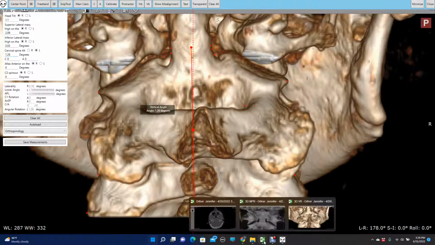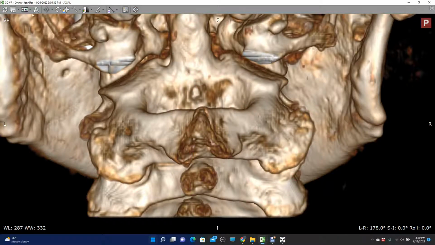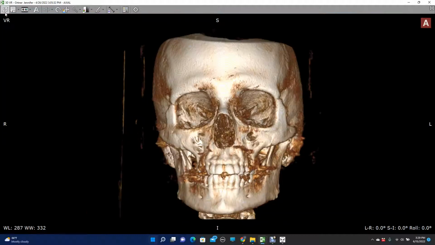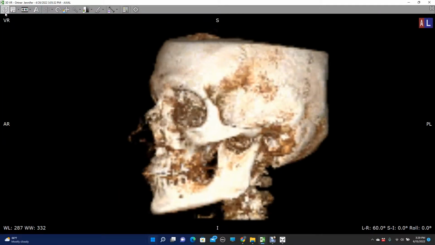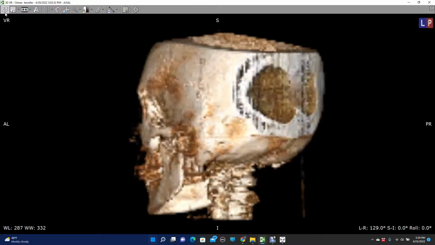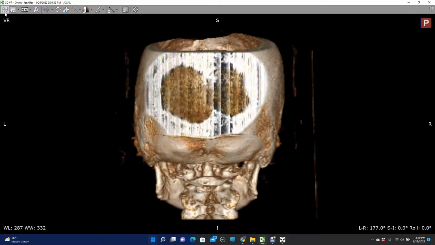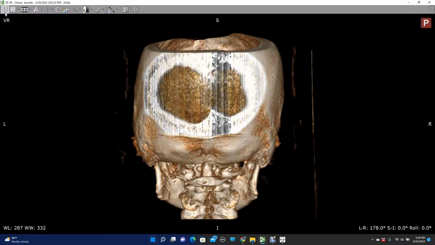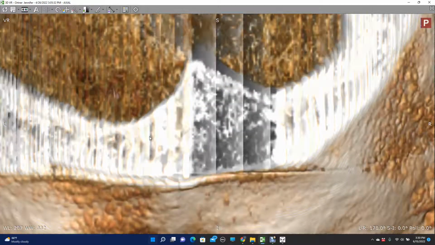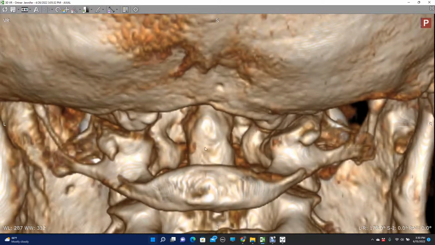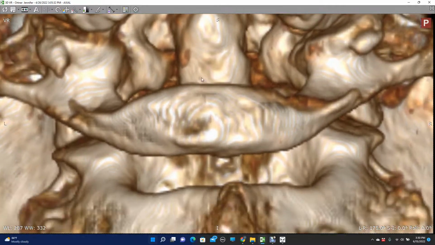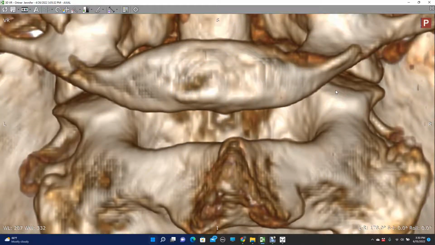So, let's measure some rotation. Reset the image, and how I like to measure my atlas rotation is by bringing my image straight posterior at 178. I'm going to zoom in on my upper cervical region, and I'm going to start to tilt the image until I can see straight through the C1, C2 joints.